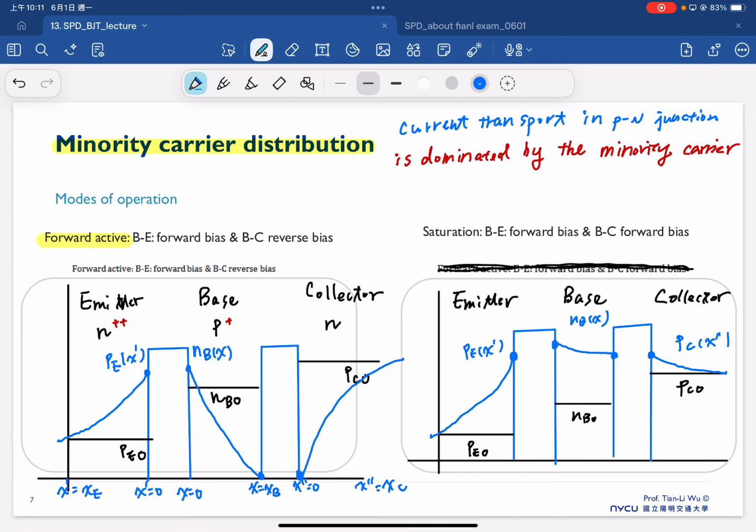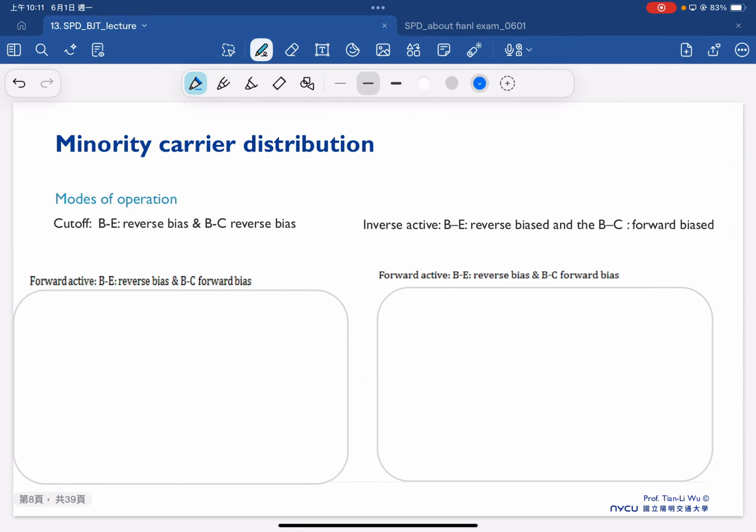So once you are able to understand the minority carrier distribution in the cases of forward active and saturation, the rest of the two will be very similar, just with an opposite consideration. The first one is cutoff. In this case, the base emitter is under reverse bias, and the base collector is under reverse bias as well.